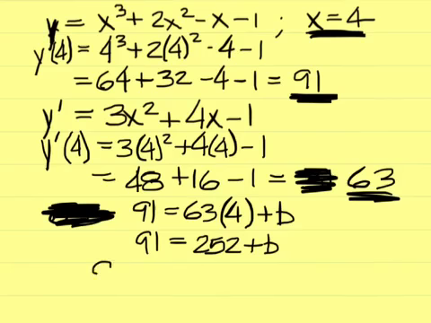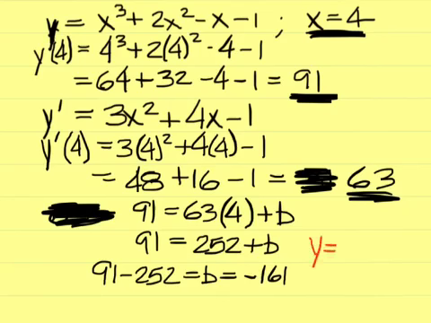And then we'll need 91 minus 252 on the left to give us a value of what for b? Negative 161. So your final answer should be y equals 63x minus 161.